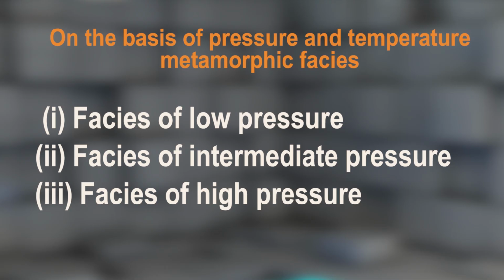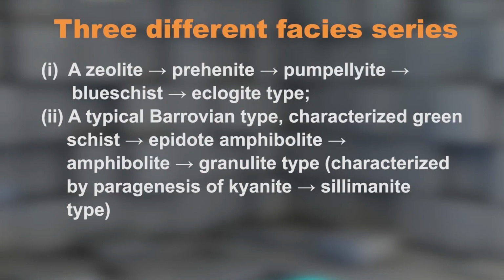On the basis of temperature, we can divide metamorphism into three types, mainly low pressure, and high pressure. Miyashiro originally recognized three different facies series. First, a zeolite, prehnite-pumpellyite, blueschist, eclogite type.